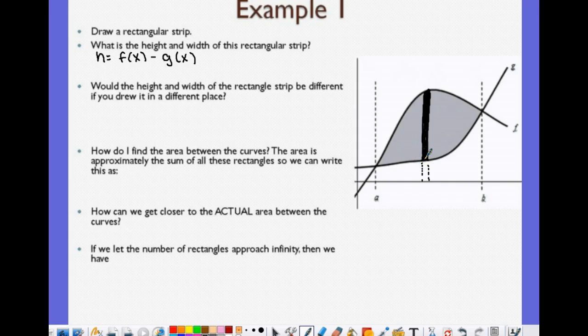So the width, again, we don't really specify. Your rectangle might be wider than my rectangle, and his rectangle might be thinner than my rectangle. So that's where we use the idea that width is delta x. It's determined by the width of the rectangle you constructed, so we just call it delta x.